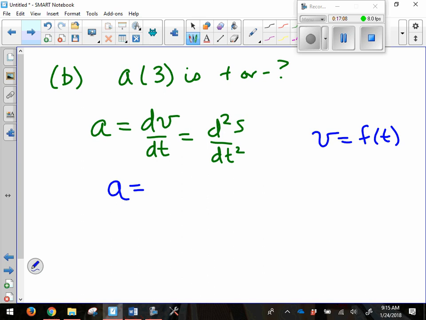Let's get the formula first. Well, it's going to be df dt, which means it's the slope of f of t or f of x, right? And yes, we could use our formula and give it a value of t.